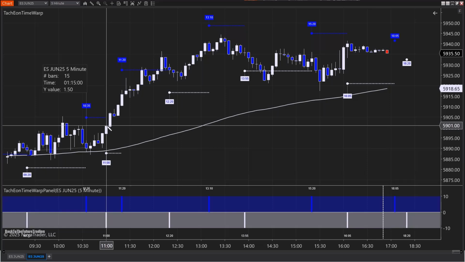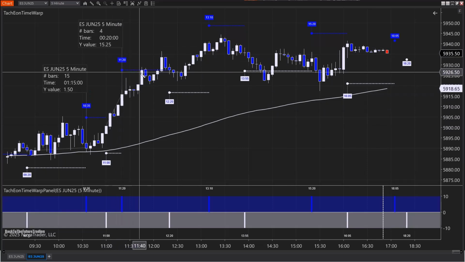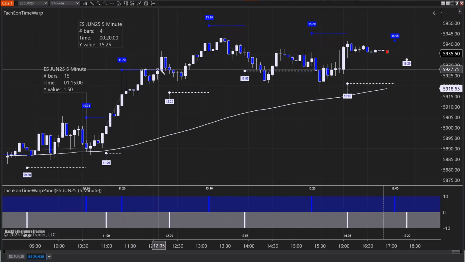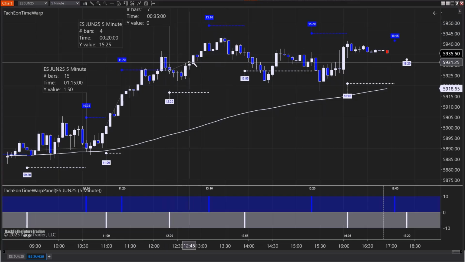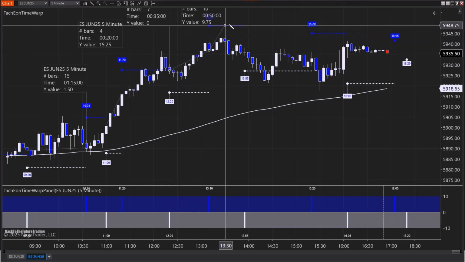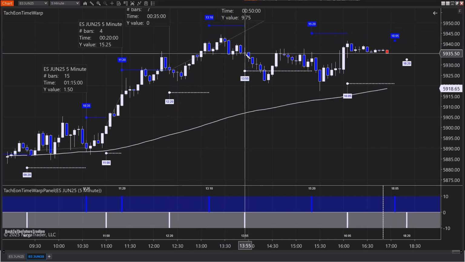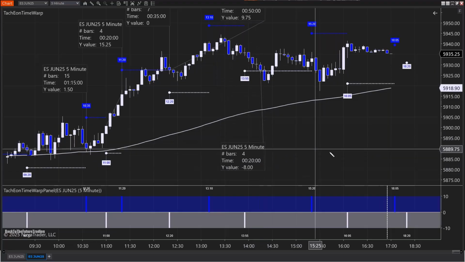Did you go long from 11 o'clock until 11:20? Did you take the puncture from here to here and basically break even? Did you go long from 12:20 until 1:10? Did you go long and get stopped out right there? Right?